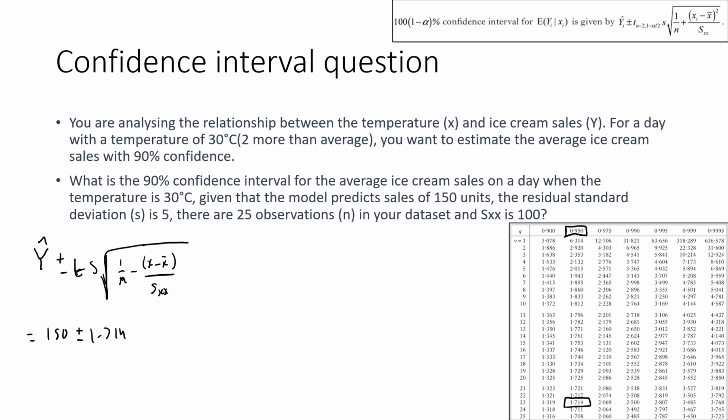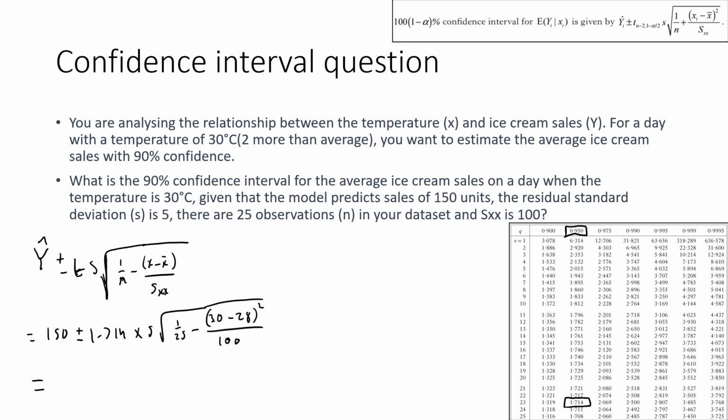1.714 times the residual standard deviation, which is 5, times the square root of 1 over n, 25, plus x minus x bar. That's our temperature, so in this situation it is 30. On average it is 28. All squared over SXX, which is 100.